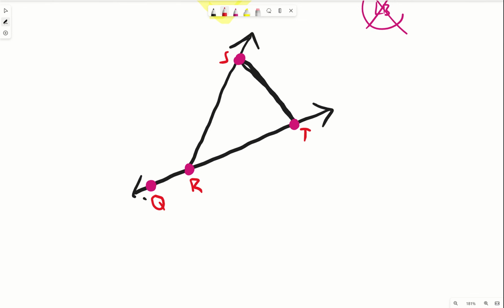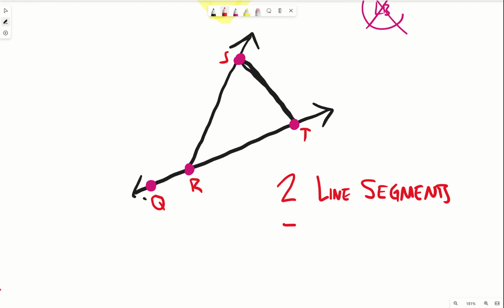Name me 2 line segments. Give me 2 line segments. Okay, there's lots of them you could choose from.